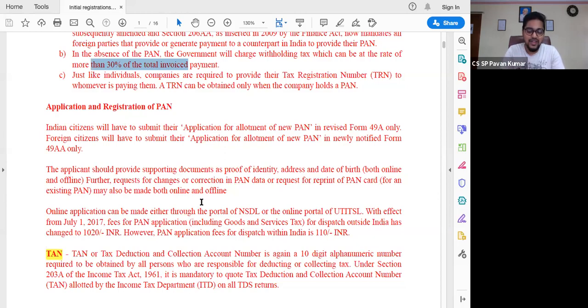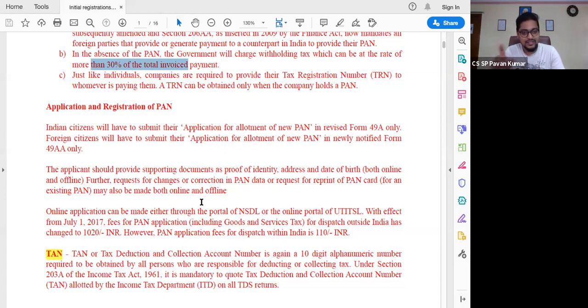Okay. So whenever we are going to apply for a PAN card for an Indian resident, an Indian citizen, the application form is Form 49A. And a foreign citizen can also get a PAN card in India. In that case, he has to make an application in Form 49AA.